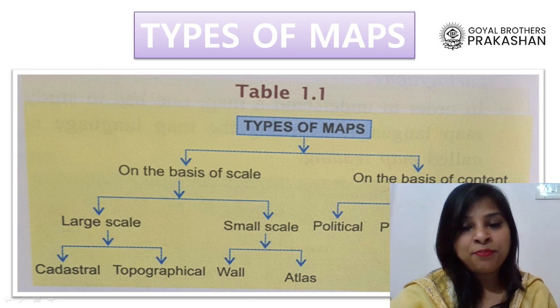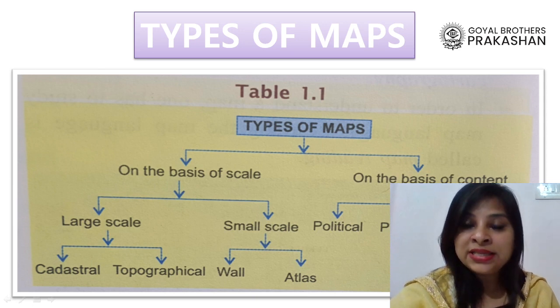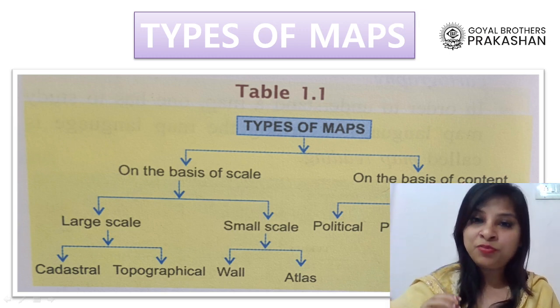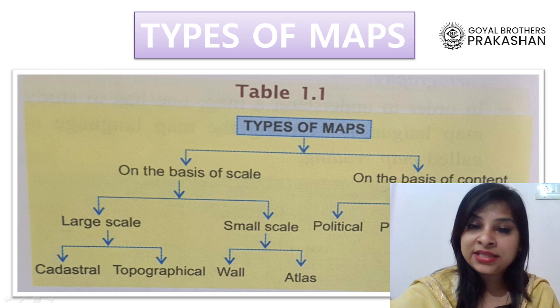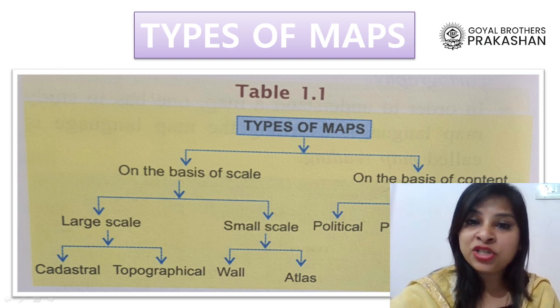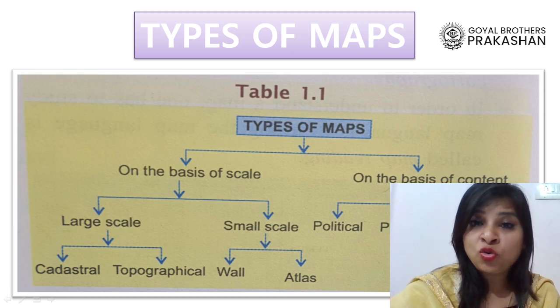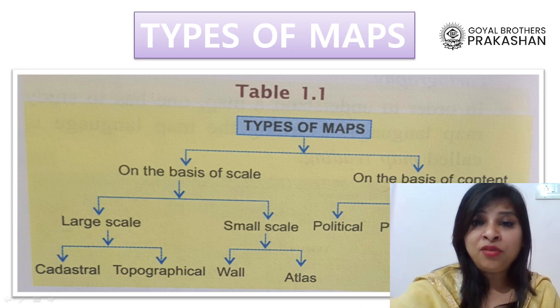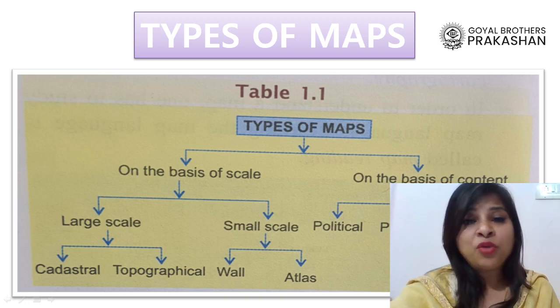A city map is a large scale map because it is a map of a smaller area, that means only my city, and then it gives detailed information about my city. That means where is this road going, where is my school, where is my house, where is the petrol pump, where is the temple, where is the library, everything.